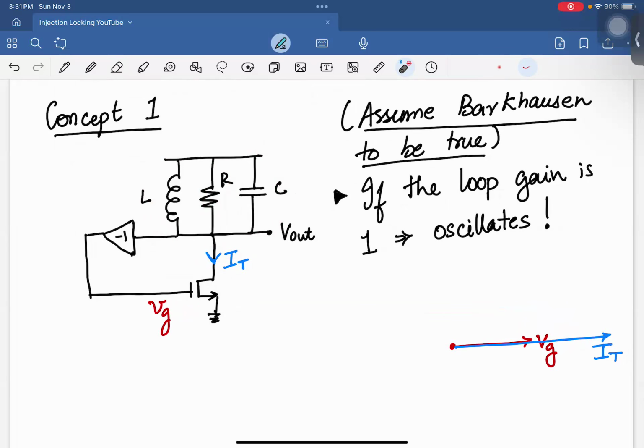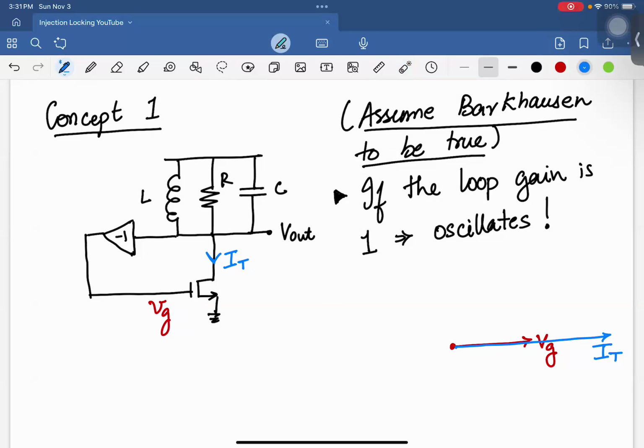But if you don't know it, then just take my word for it that at the resonance frequency of this tank, not the oscillation frequency, sorry, the impedance is purely real, which is R, which means that V out.